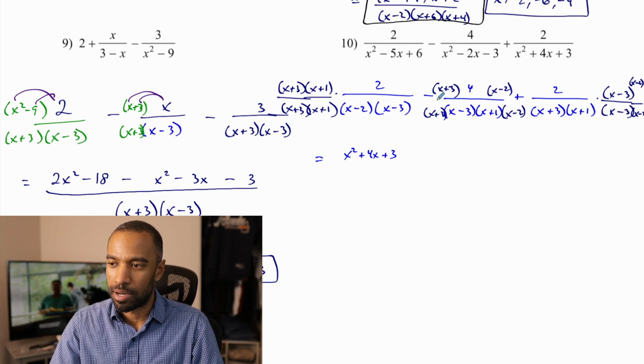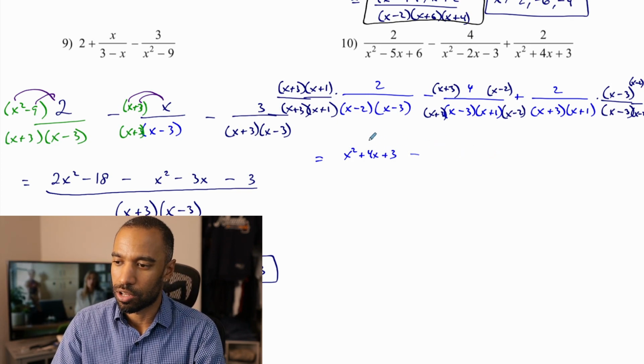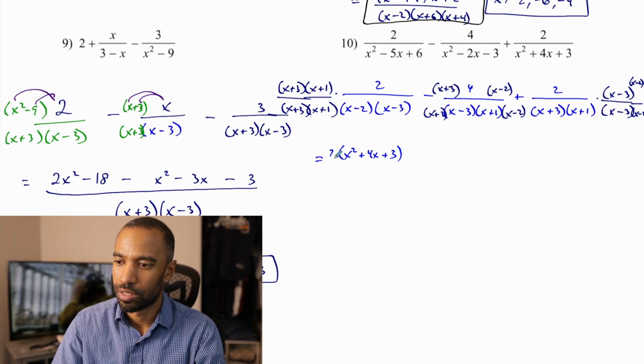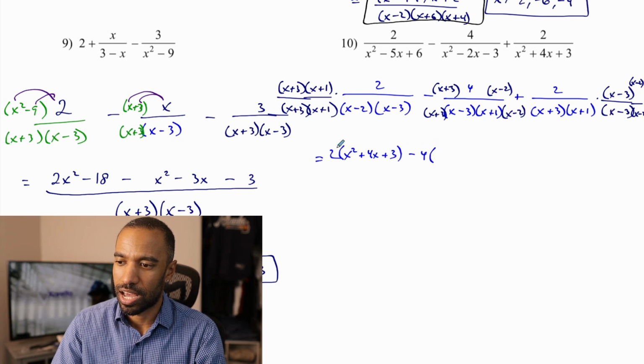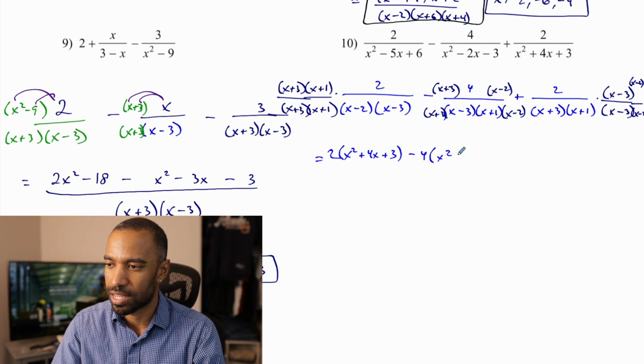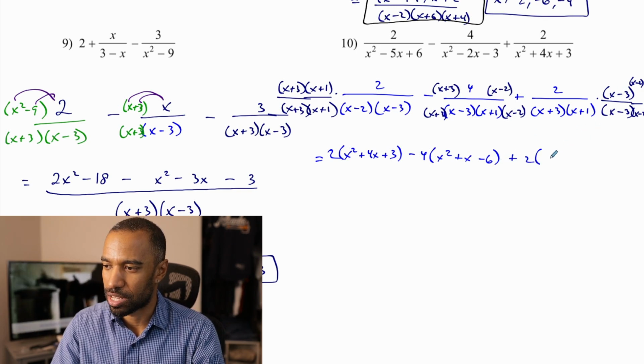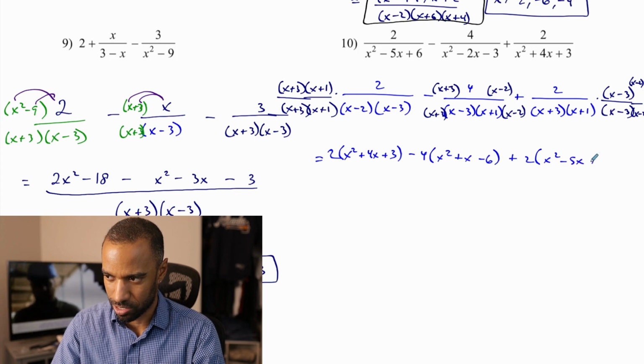Minus, I'm just putting in parentheses. Oh, hold on a second. This is all times 2. Minus 4 times, now let's go ahead and foil that. X squared minus 2x plus 3x is plus x minus 6. Plus 2 times x minus 3 times x minus 2 is x squared minus 5x plus 6.